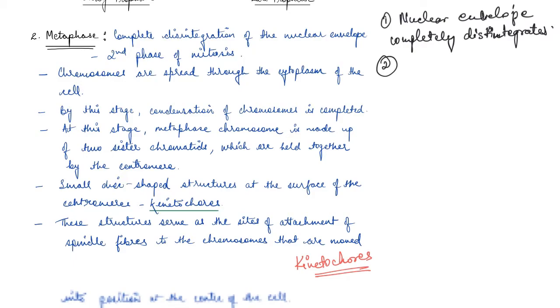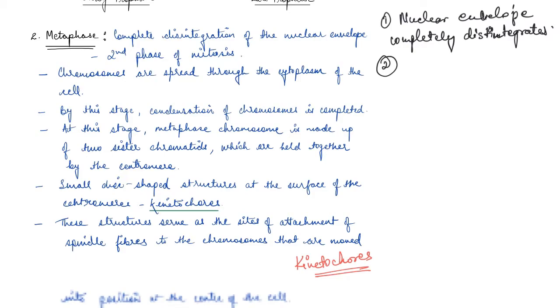So we have the spindle which starts forming during prophase, right? Now these spindle fibers are attached to the centromeres by kinetochores, and they are moved into position at the center of the cell. So basically, metaphase is characterized by what?